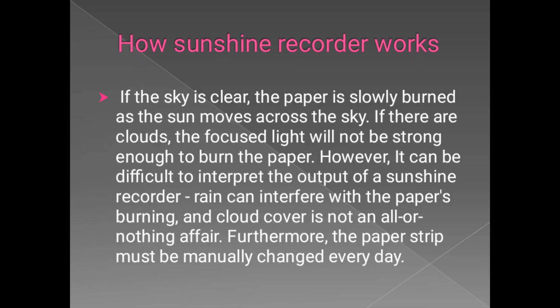Now how it works: if the sky is clear, the paper is slowly burned as the sun moves across the sky. If there are clouds, the focused light will not be strong enough to burn the paper. However, it can be difficult to interpret the output of a sunshine recorder. Rain can interfere with the paper's burning.